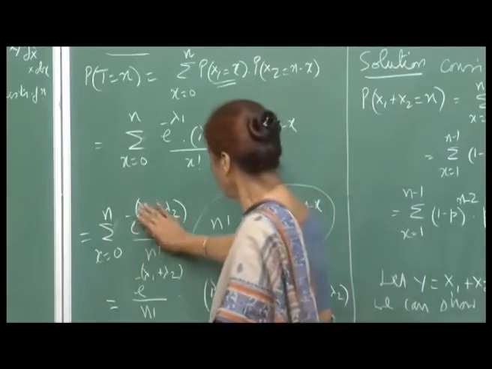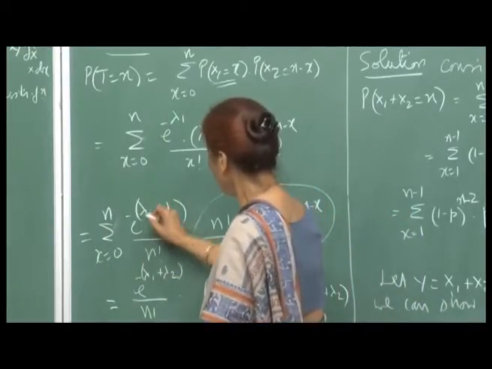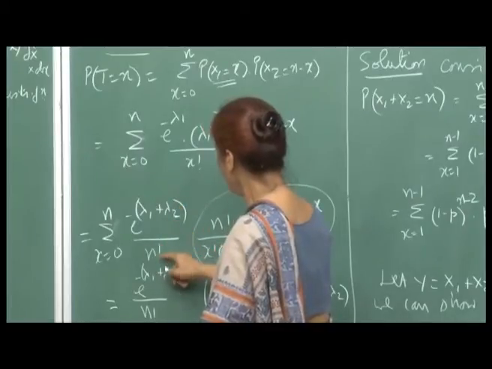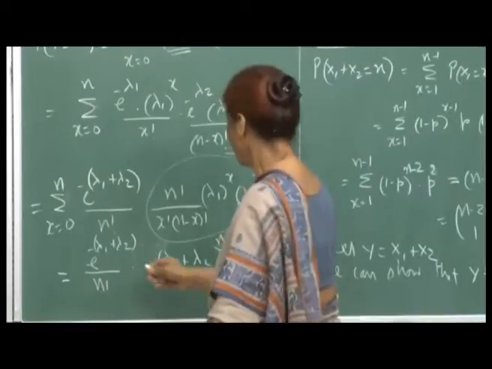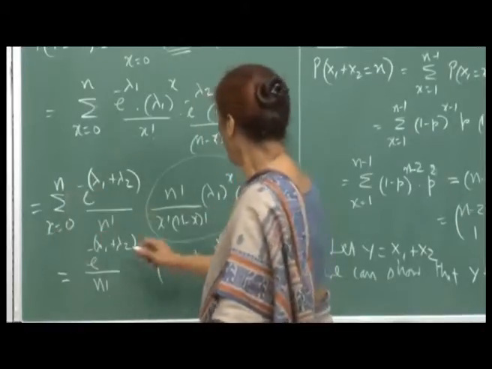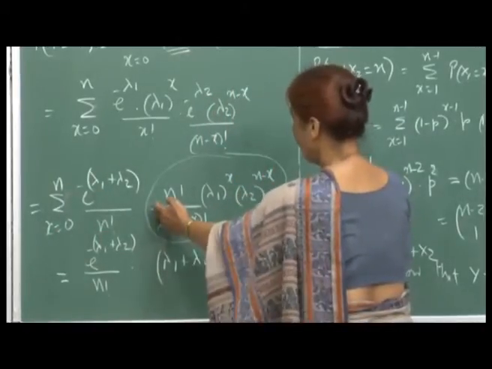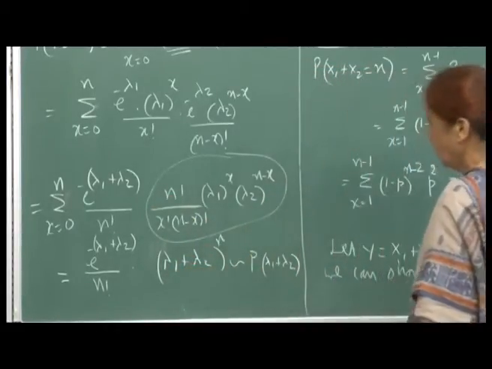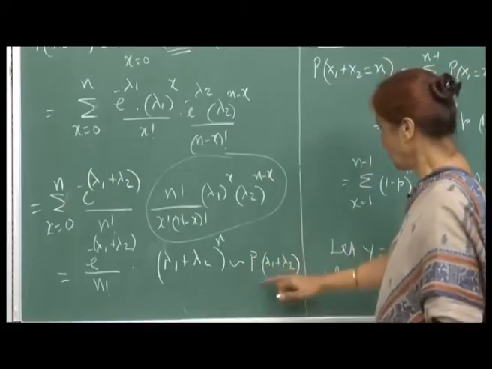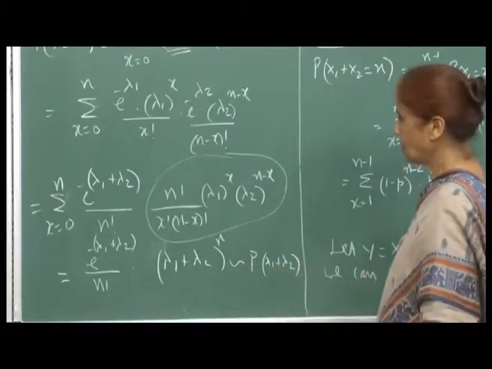This thing, e raised to minus lambda 1 plus lambda 2 divided by n factorial, is independent of x, so I take it outside, and then the summation over x from 0 to n gives lambda 1 plus lambda 2 raised to n.